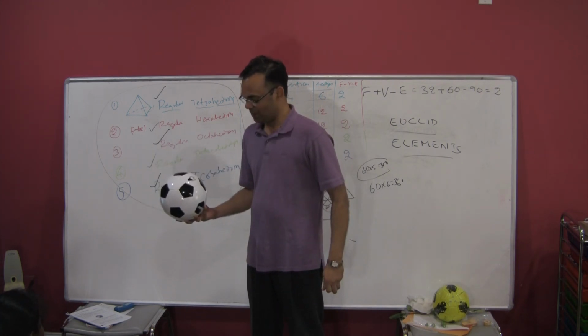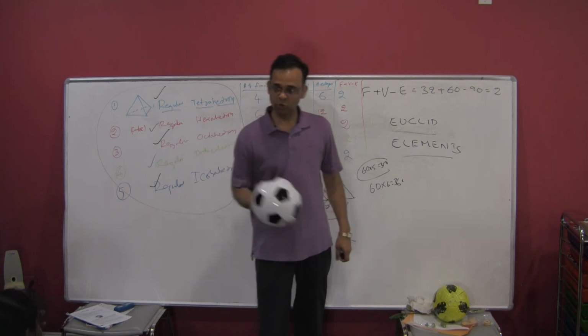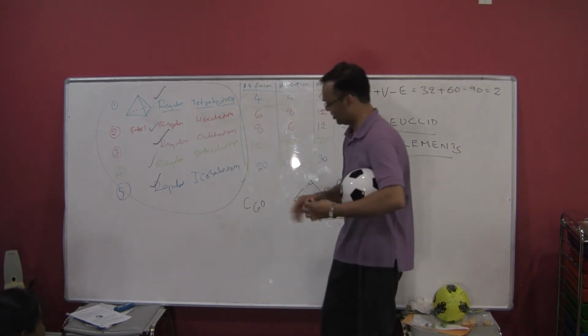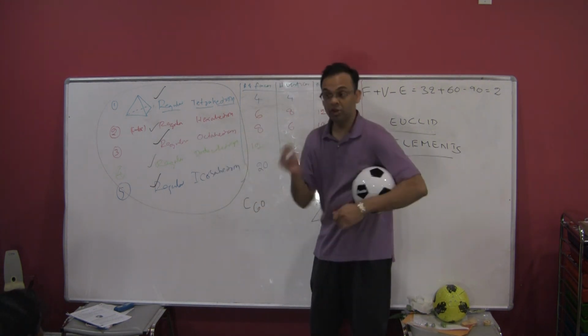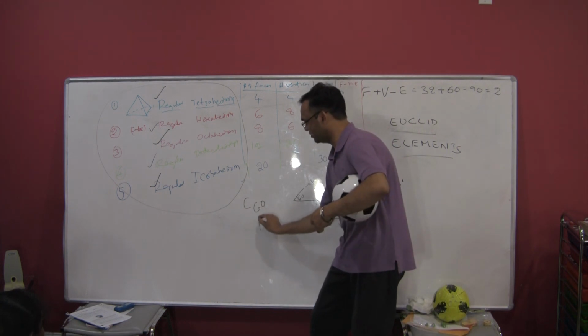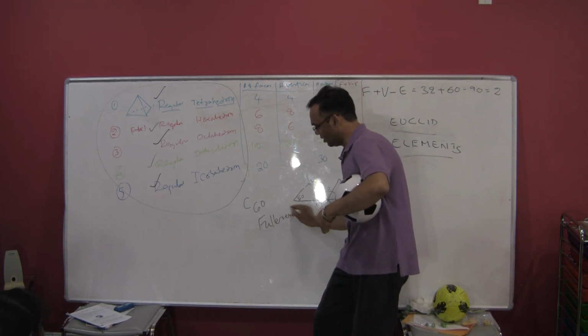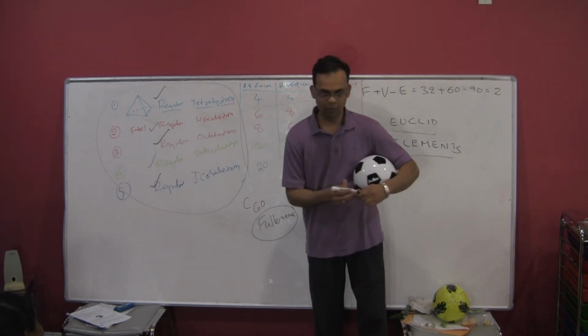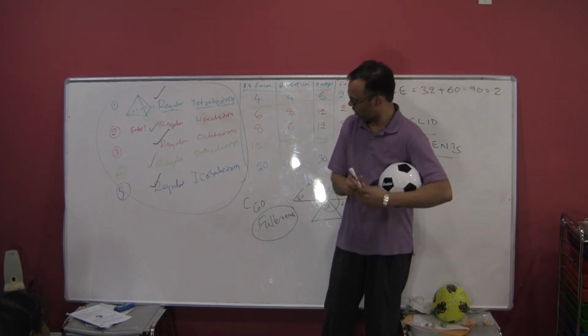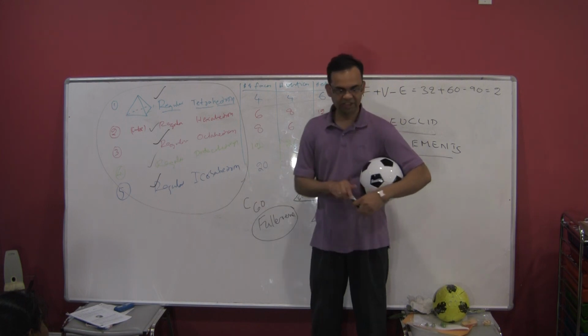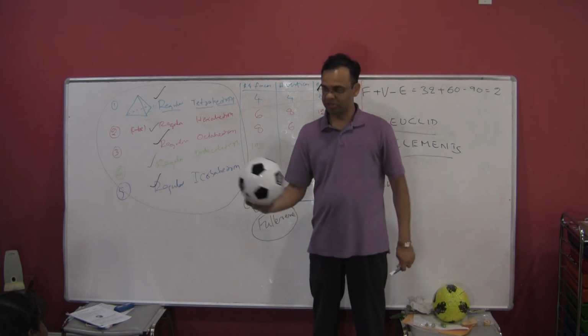Okay? But there's one person who spent a lot of time. By the way, there's a name for this. This is called fullerene. This is going to be your second project, fullerene. And then I'll give you handouts. The fullerene is a molecule, a variation of carbon called C60, and it actually follows this shape.